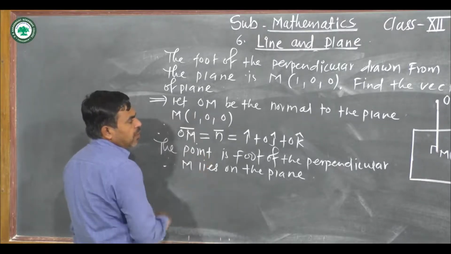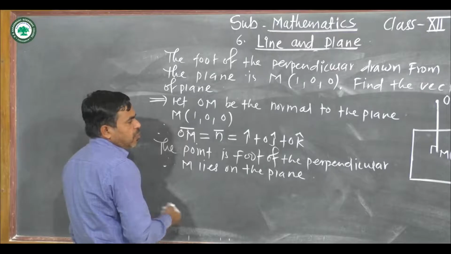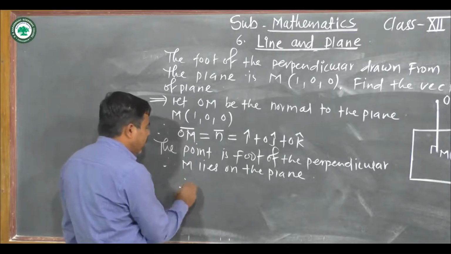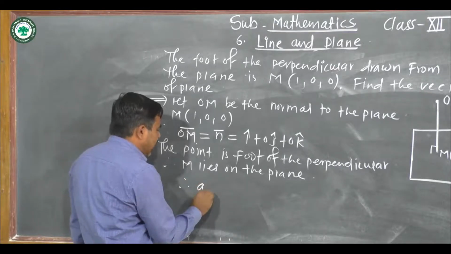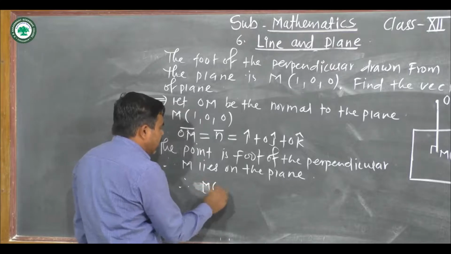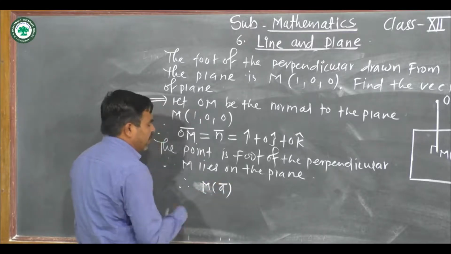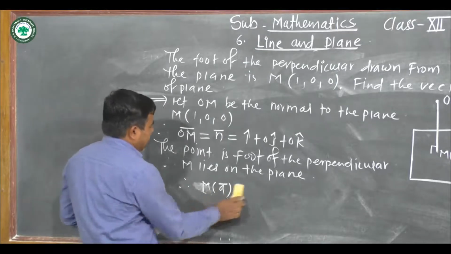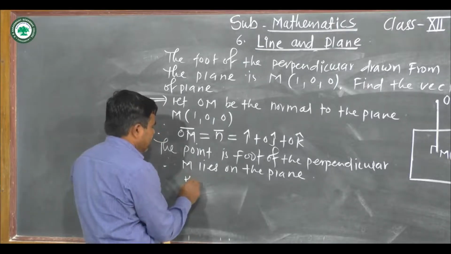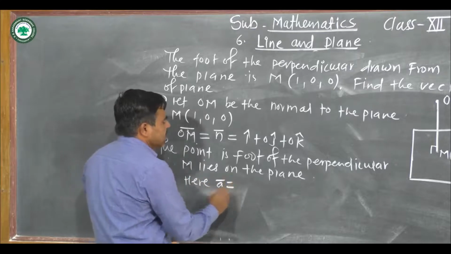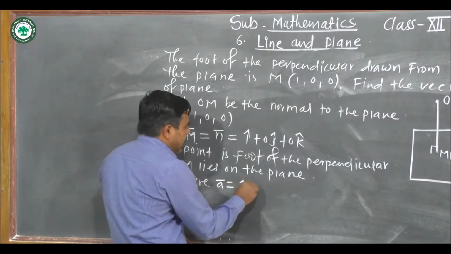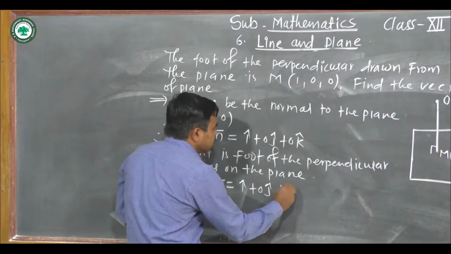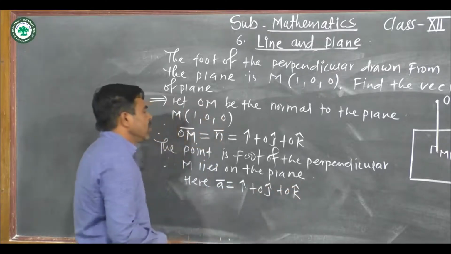So position vector of the point M, that is suppose small a bar, or point M with position vector a bar, that is here a bar is equal to I cap plus 0 J cap plus 0 K cap.